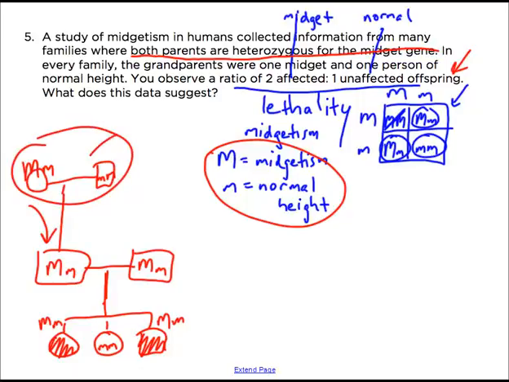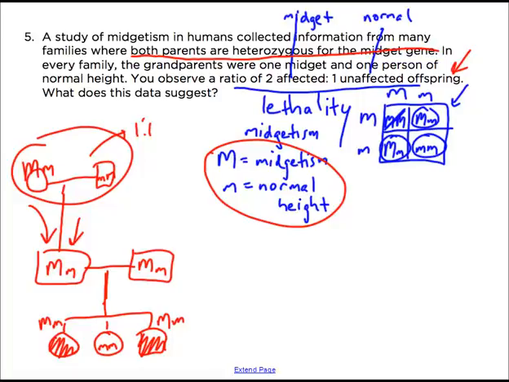Well, if you do the Punnett square for this one, it's a 1-to-1 ratio of midgets to normal height, but it doesn't matter because here we're seeing the 1, right? It did say in every case the grandparents were one midget and one person of normal height. They wouldn't necessarily have to be, but since that's the data, it's certainly consistent with what we said, okay?